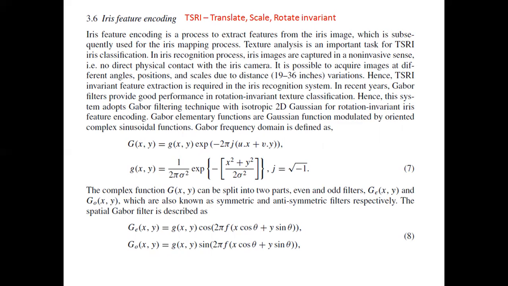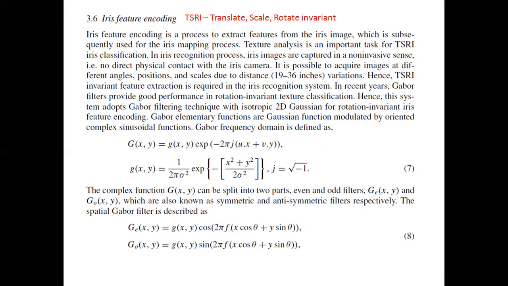Iris feature encoding is a process of extracting features from the iris image, which is subsequently used for the iris matching process. Texture analysis is an important task for TSRI: translation, scale, rotation invariant.